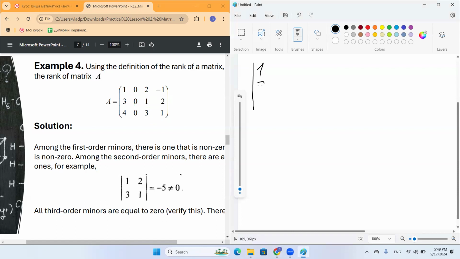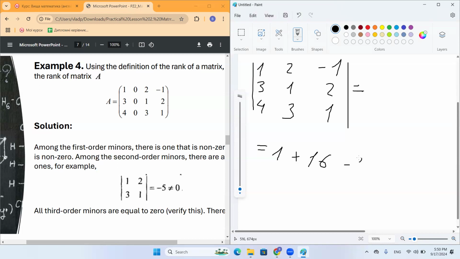So 1, 3, 4. So here we have 1 plus 16, minus 9, plus 4, minus 6, minus 8.